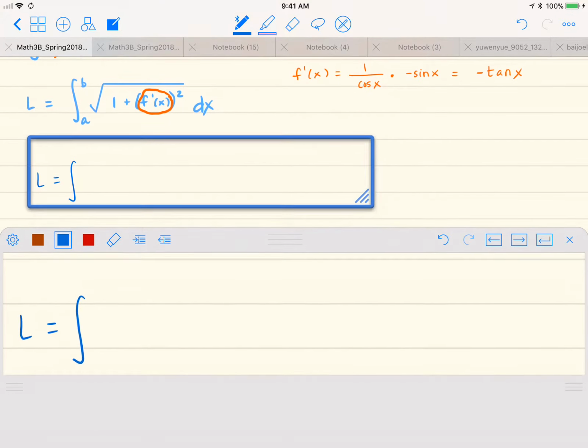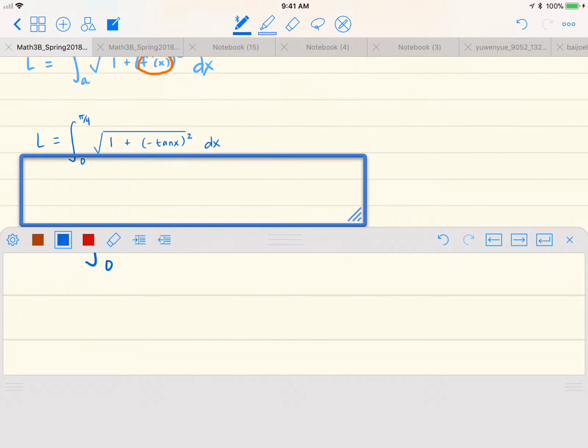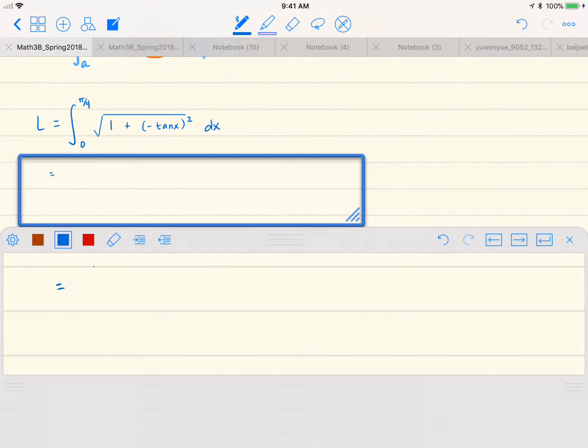So we'll have the integral from 0 to pi over 4 of the square root of 1 plus negative tan x squared, dx. And that is going to equal the integral from 0 to pi over 4 of the square root of 1 plus tan squared x, dx.